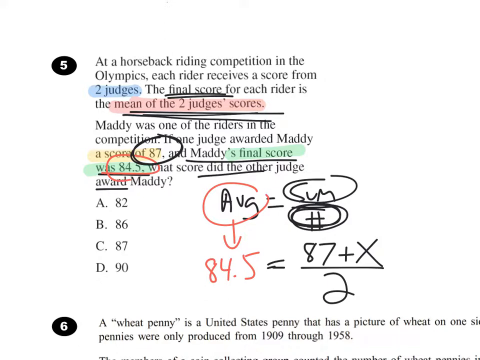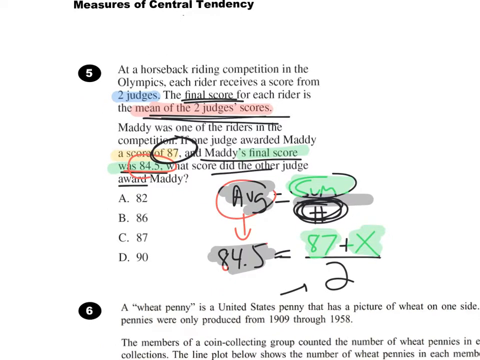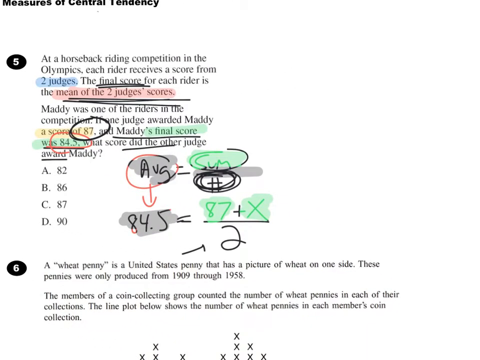So here I know the average is 84.5. Here I know the sum is the first judge's score of 87, and then I'll call the second judge's score X, and now I'm going to divide by the number of numbers, and since there's 2 judges, I'm going to divide by 2. So here I'm going to solve this by using math. I'm going to multiply both sides by 2 to get rid of the fraction.